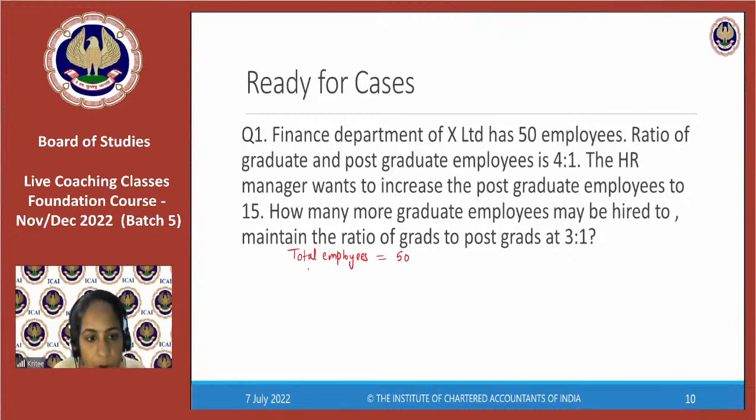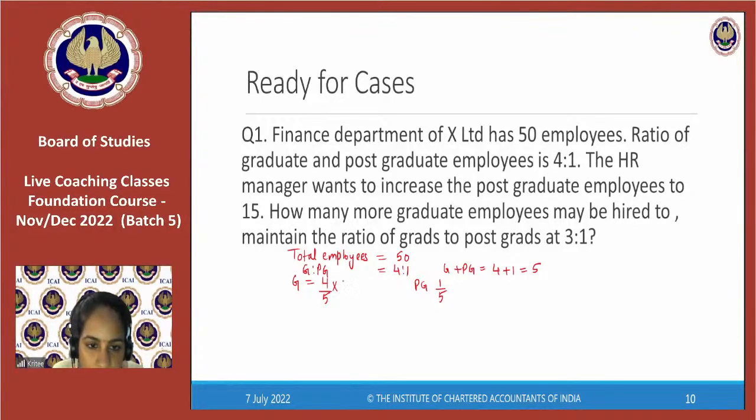The ratio of graduate is to postgraduate in the organization is 4:1. So graduate plus postgraduate would be equal to 4 plus 1, 5. So the ratio of graduate is 4 out of 5 and the ratio of postgraduate is 1 out of 5.